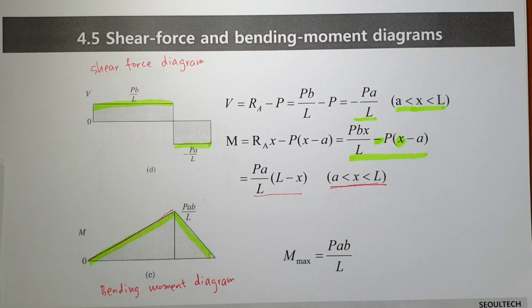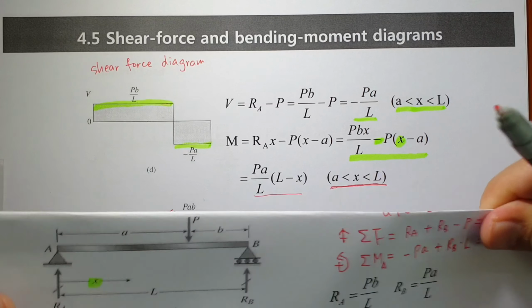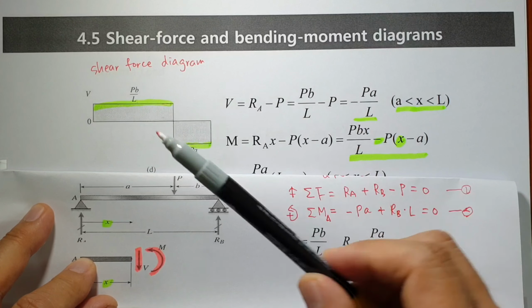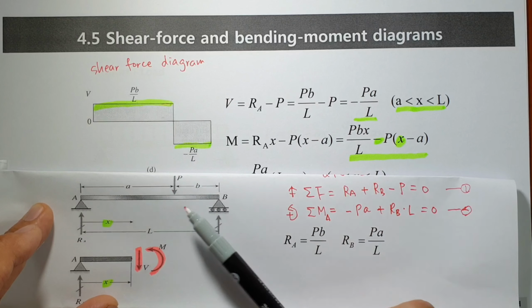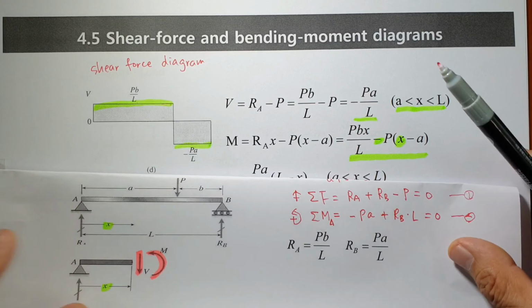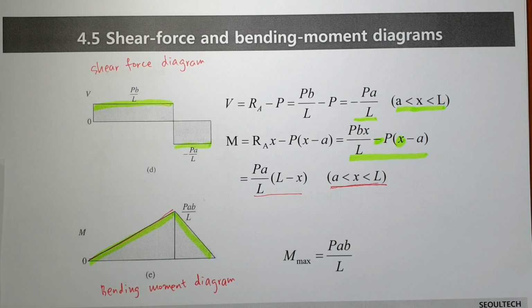Or when you take another derivative. Okay, when you think about this one, when you take derivative, this kind of relationship is available. There is some mathematical relationship between external force and shear force.